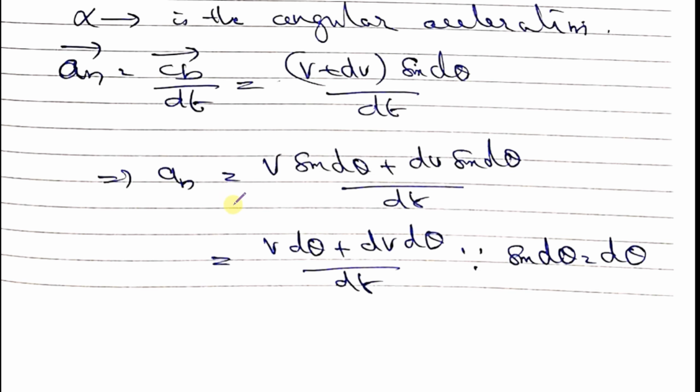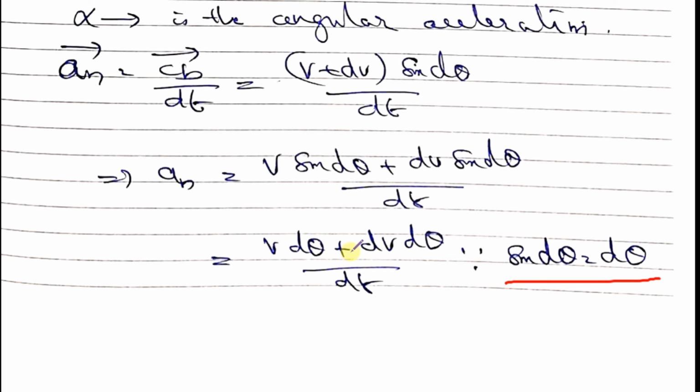That is, AN is equal to V sine d theta plus dV sine d theta divided by dt.